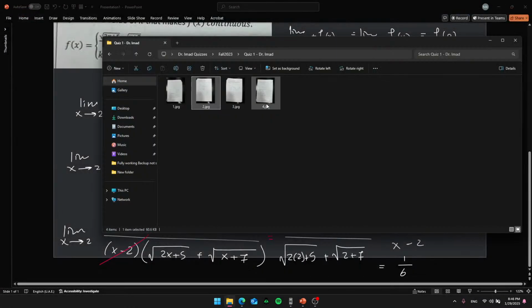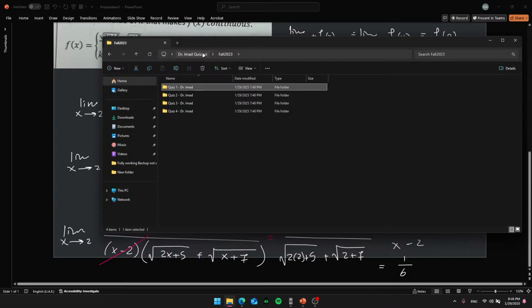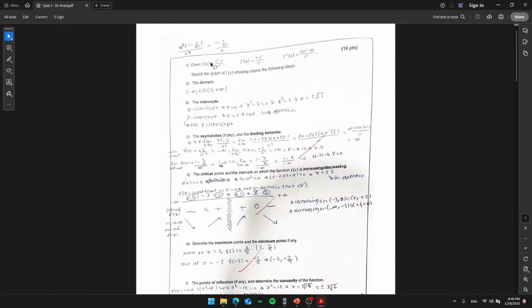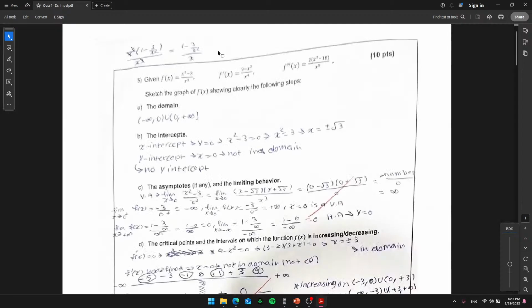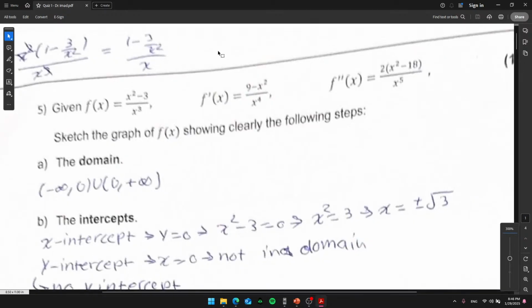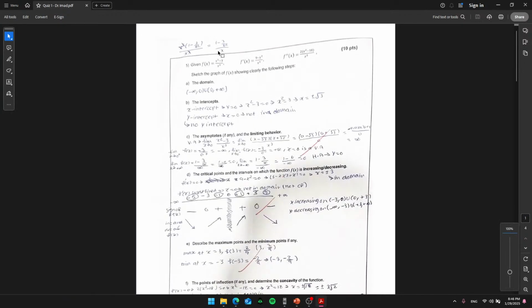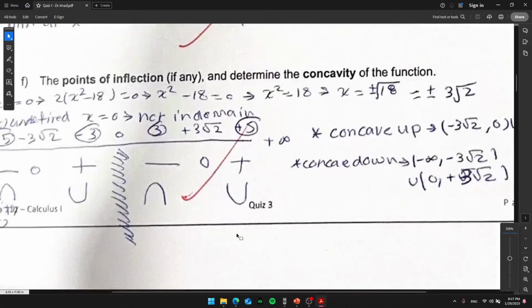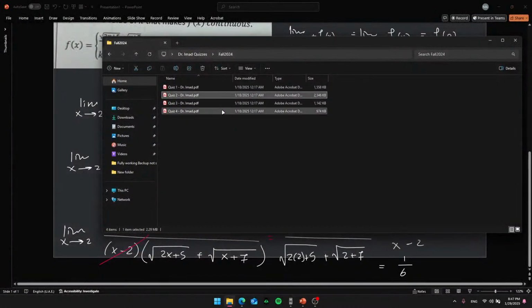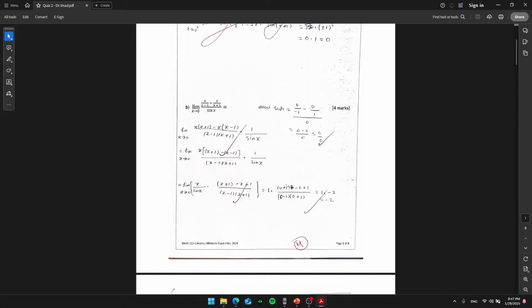Let's see if we have another quiz. Nope, this is quiz 2. So let's go to fall 24. Oh, sheesh. I mean, this is quiz 3, bruh. Yeah, so derivatives and stuff.